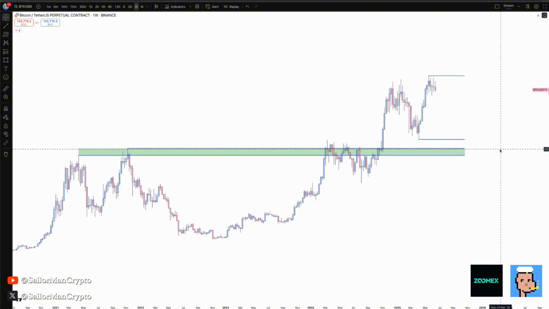You will find in the Learn and Trade with Popeye series a video completely dedicated to liquidity. But to make it simple, this is fresh liquidity where the market could potentially go to hunt for stop losses, basically.